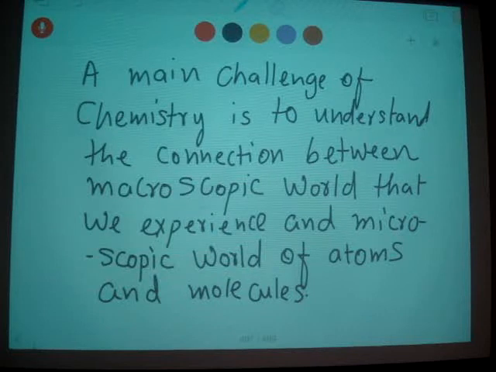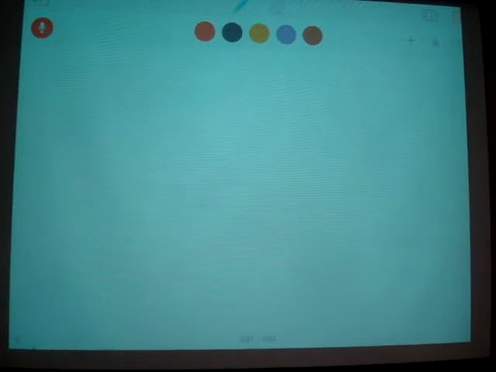Let's say we have chalk, and we grind it and take out the small part, right? That small part is the atom for that particular element. Or for water, when we take the small part, it's called a molecule of H2O. So that's how we define atoms and molecules.